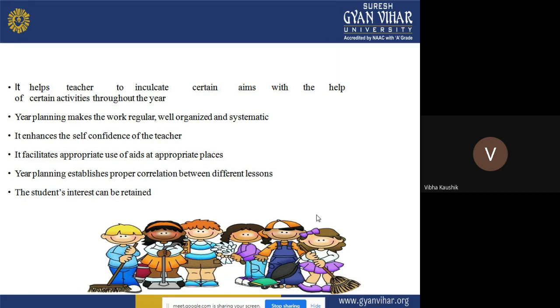Means if as a teacher of economics, I am correlating my topic with commerce, then year planning helps me to establish a proper correlation between different lessons. The teacher can retain the students' interest in that particular unit or topic.